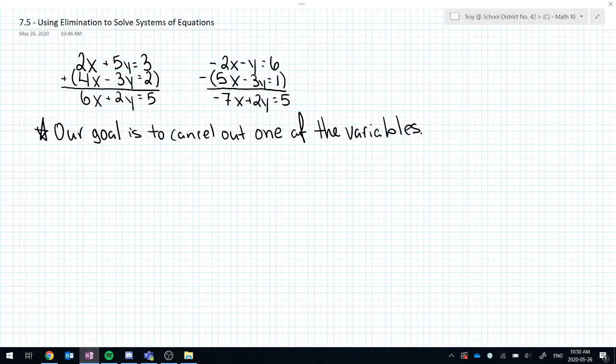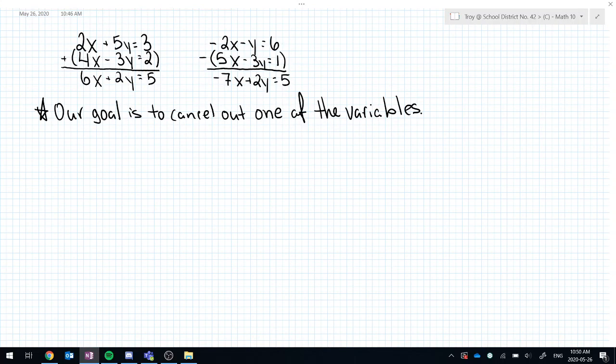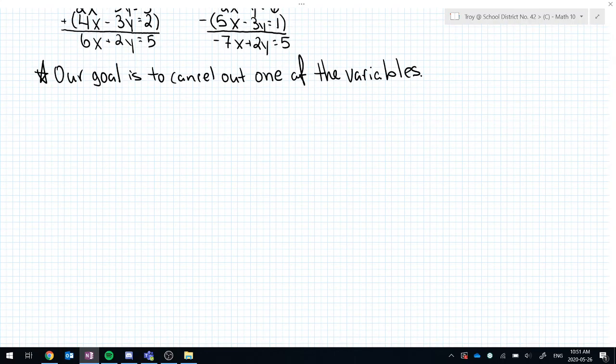It doesn't matter which way you decide to go, just as long as you do it correctly. And what I mean when I say to cancel out is that whatever we add or subtract for one of the variables should equal 0. So if we get an answer of 0x or 0y, then of course that variable doesn't exist anymore. It cancels out.